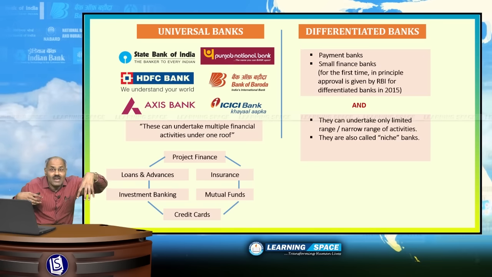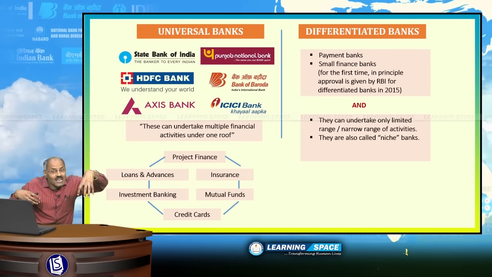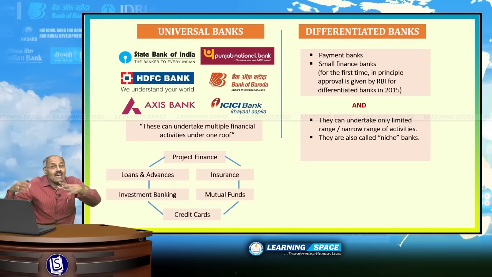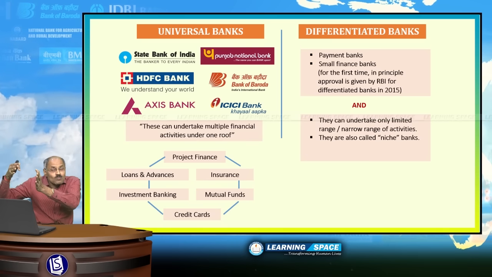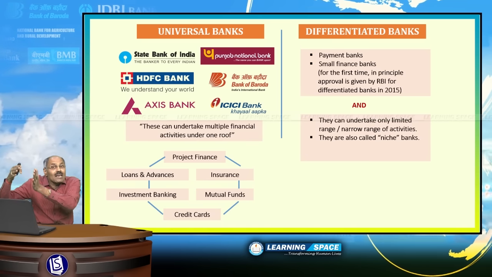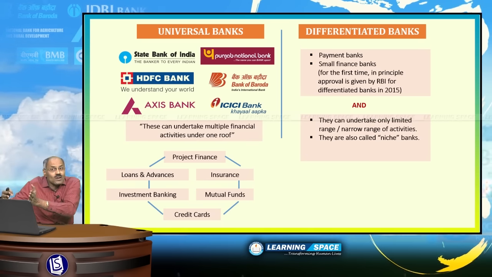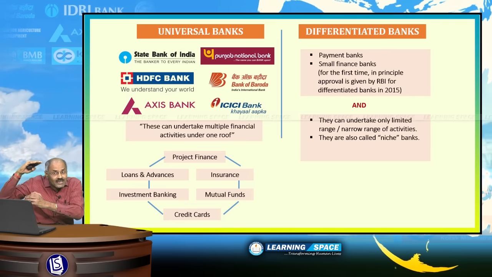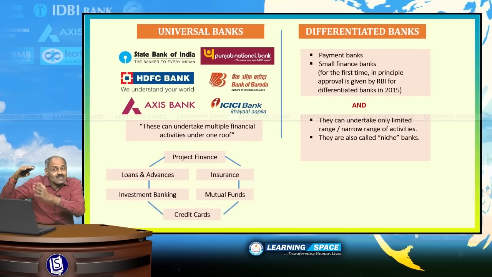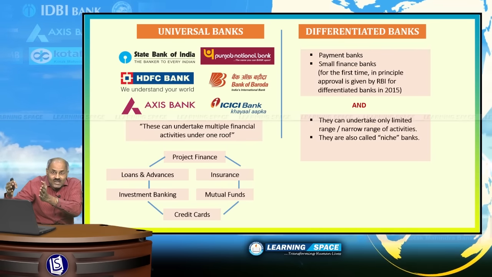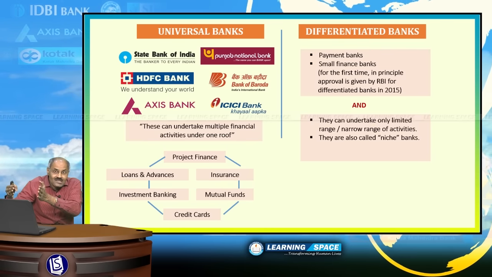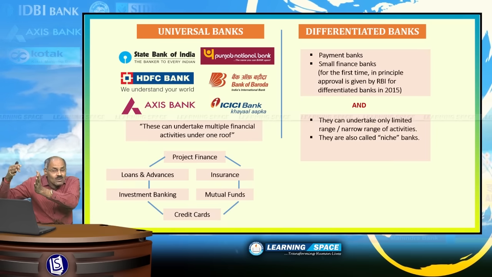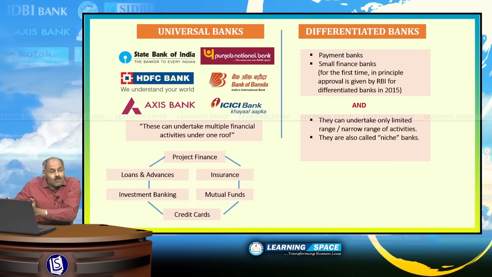They will be specialized only for payments and remittances. Similarly, small finance banks' main core area will be lending to small artisans and small firms, with the value of loan not exceeding a certain limit. These are called differentiated banks because they can operate in only a narrow sphere of operations.